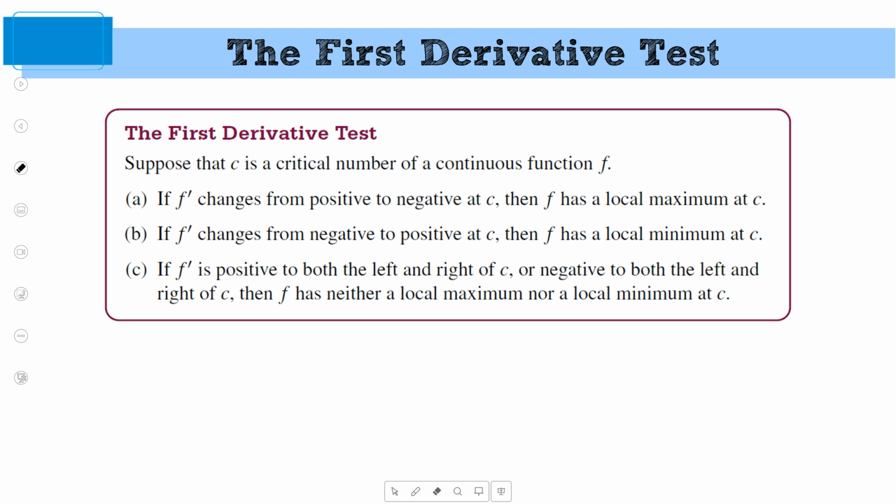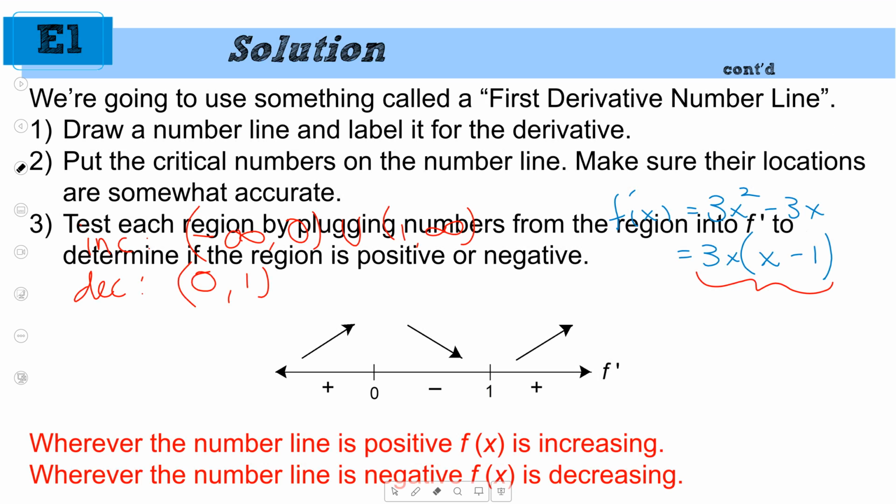Okay, and you shouldn't have to write this because it's on the slideshow. So I'm going to go back to our number line here. If you look at that number line at 0, the first derivative is changing from positive to negative, therefore 0 is a local max. The first derivative is changing from negative to positive, so therefore we have a min.